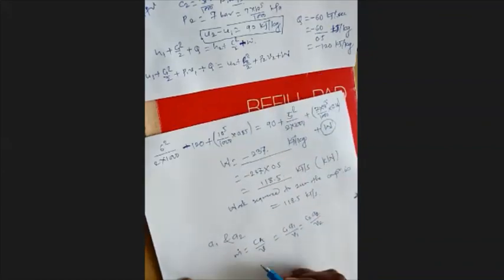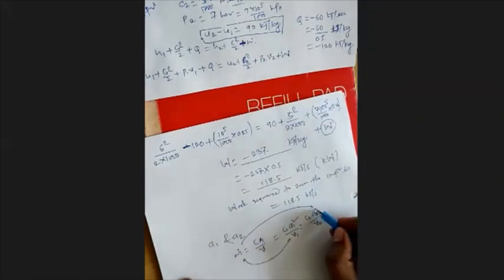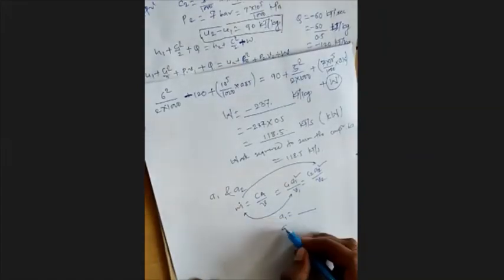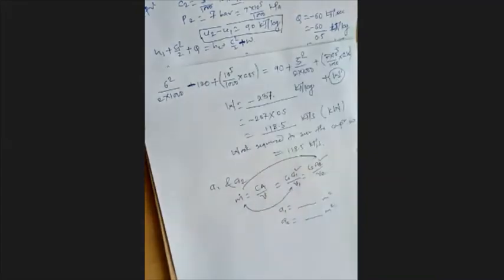So compare this one, get A1, compare this one, get A2, and in the next session tell me the answer of A1 and A2. That is going to be in terms of meter square. Okay, meeting is going to end within few seconds.